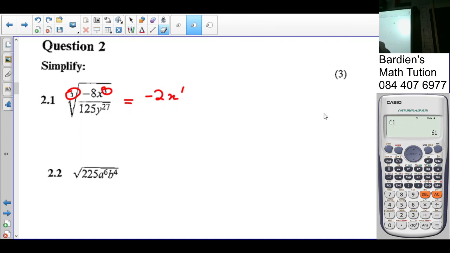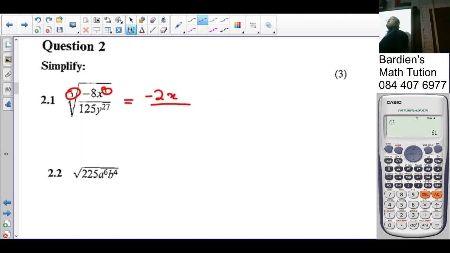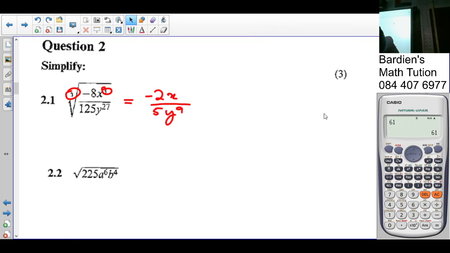Not so? Do I have to write the 1 there? No. What's the cube root of 125? 5. Why? 27 over 3 is 9. Any confusion? Okay. Let's look at the next one, 2.2.